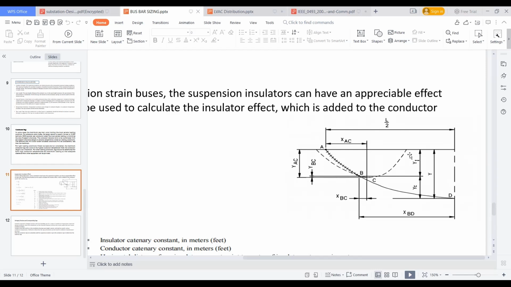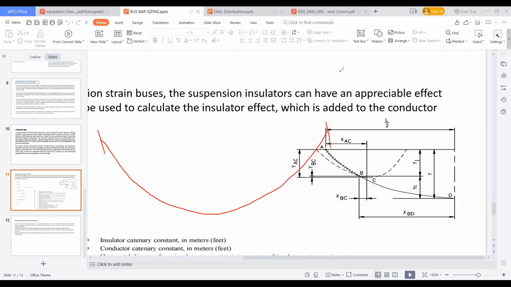What is meant by catenary? It's a physics term for the kind of curve that forms due to the hanging of a wire or cable at both ends. That we call a catenary curve. This is the insulator catenary curve, and for the conductor, this is the conductor catenary curve.